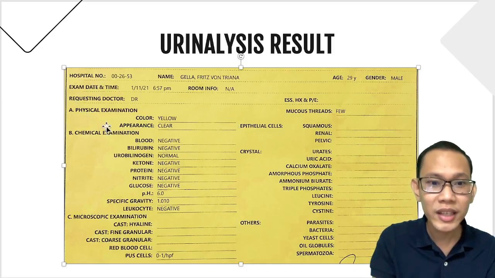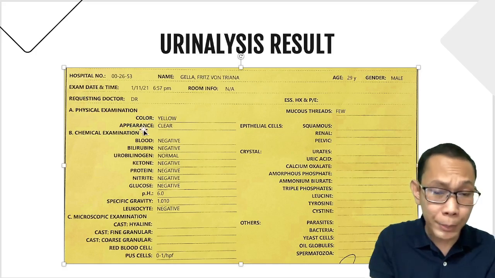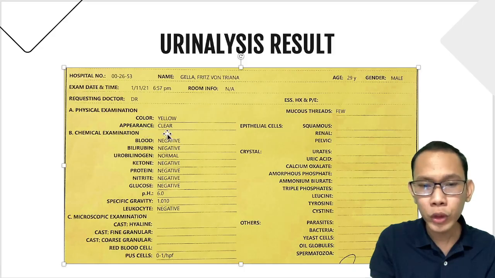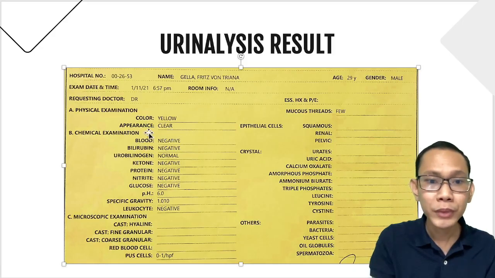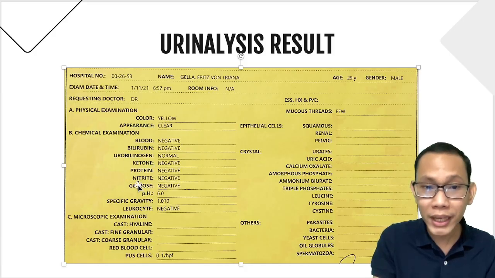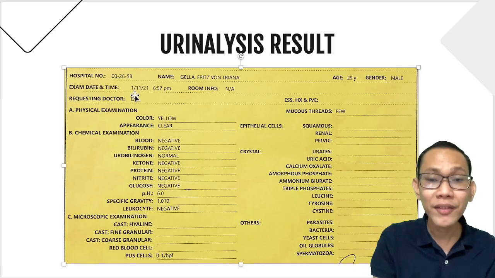Ang discussion natin is all about the physical exam. We have your color, which is yellow, appearance or your clarity, so it could be clear, turbid, milky, depending on the clarity. And then, Doc Fon, where is the specific gravity? So, your specific gravity is already included here sa ating chemical examination. But then again, it should be part sa ating physical exam.